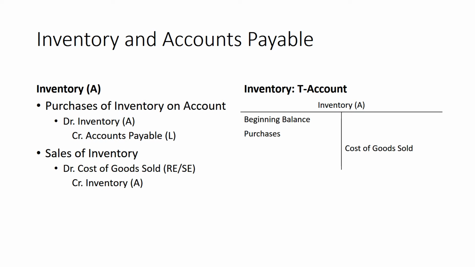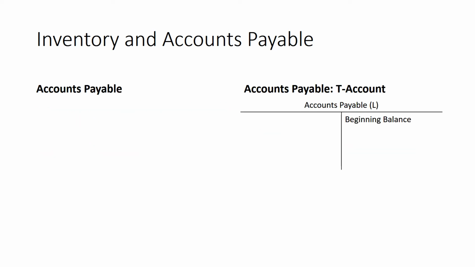When the firm sells their goods, then the inventory will go down by the amount that's recorded into cost of goods sold, and hence we'll put that amount on the right-hand or the credit side of our inventory T account. Now we can figure out the ending balance, and the ending balance will be on the debit side of our inventory T account.